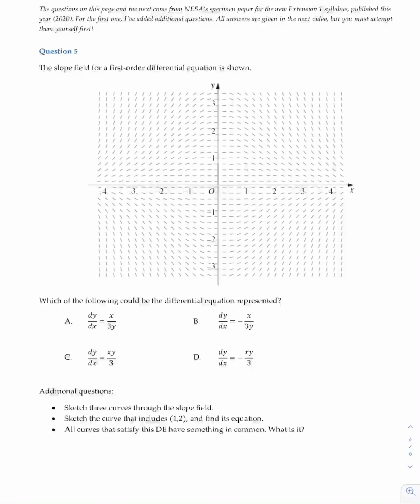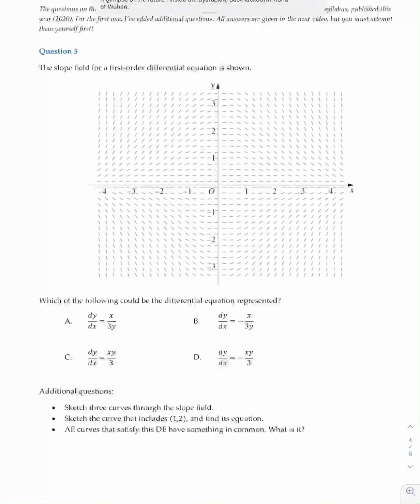Question 5. This is from a NESA paper that we received not very long ago. Which of the following could be the differential equation represented? So we're doing a match here, but it's not matching 4 to 4. So what can I observe?